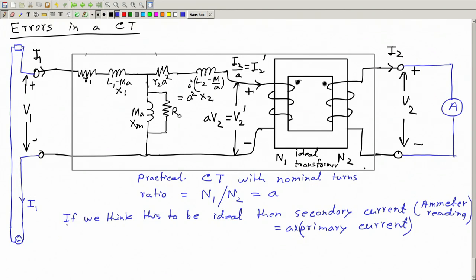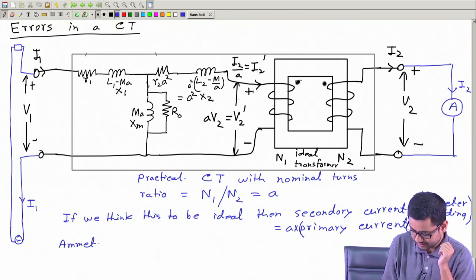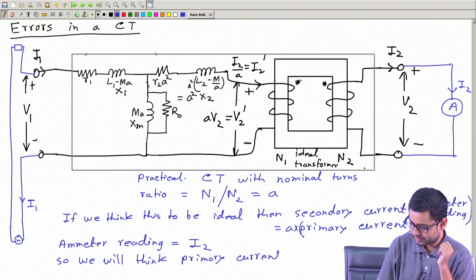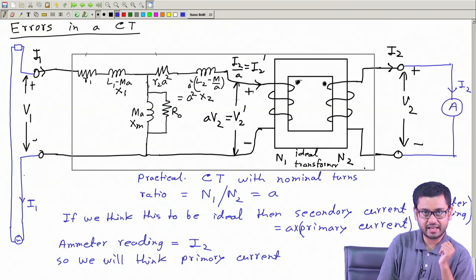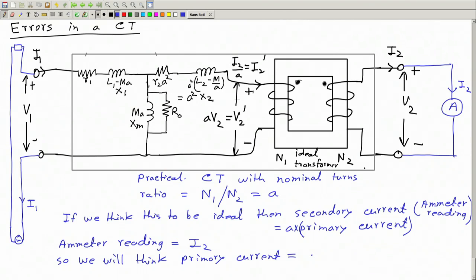So if the ammeter reading is I2, then the estimation of the line current here, the primary current, we will assume to be the secondary current or ammeter reading divided by A, that is 1 over A multiplied by the ammeter reading I2.